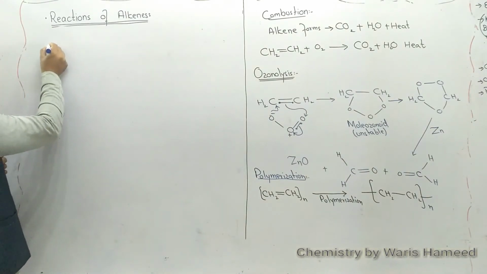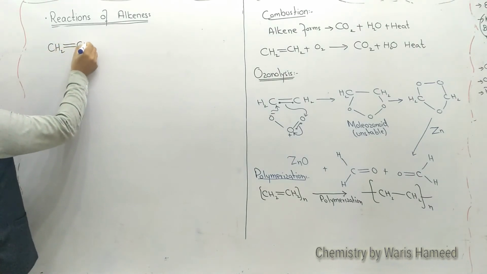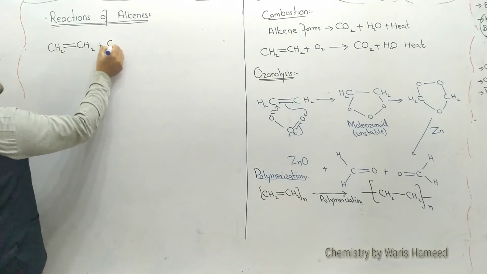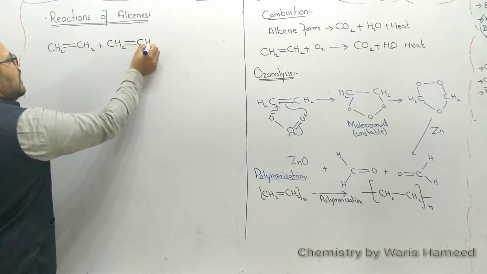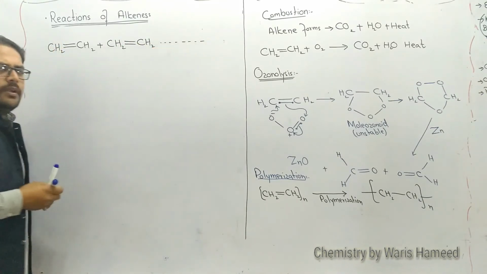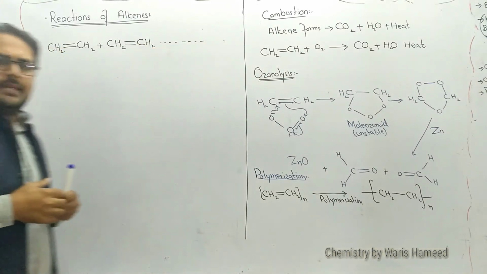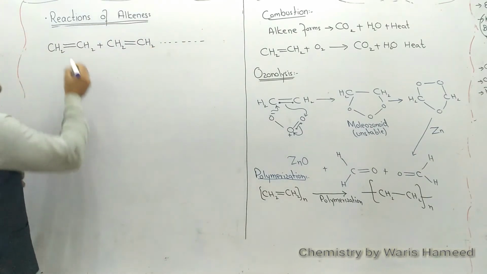Here is one ethene, and here is another ethene, and we have n number of ethene present in the mixture, and we are heating this in the presence of catalyst. Then what happens?